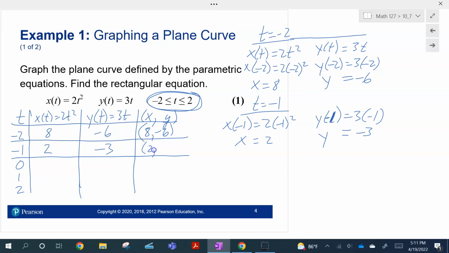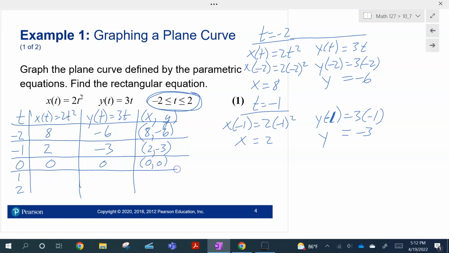So there's that x, y value. And then we just keep going with this. Now I'm going to plug in 0. 2 times 0 squared, we get 0. 3 times 0 for t is 0. So this is the ordered pair 0, 0.